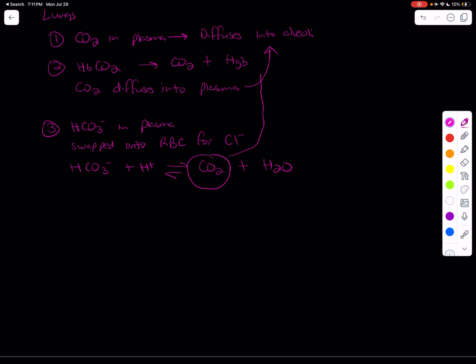And so when we get into the lungs, not all of these things, let me be a little more clear. So steps 2 and 3, we'll write it down here. Steps 2 and 3 lead to a left shift of the oxyhemoglobin curve.